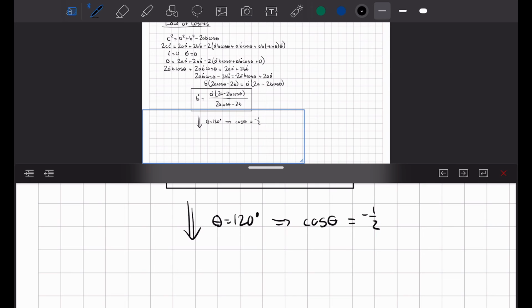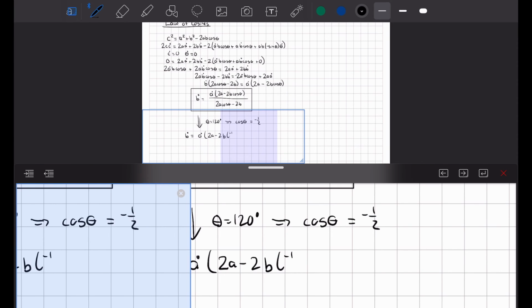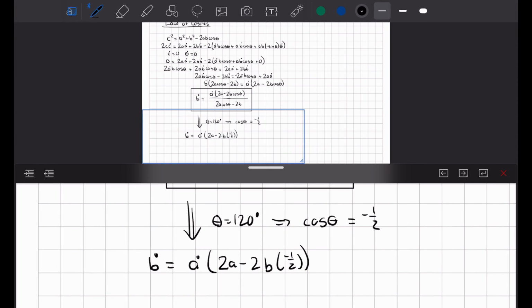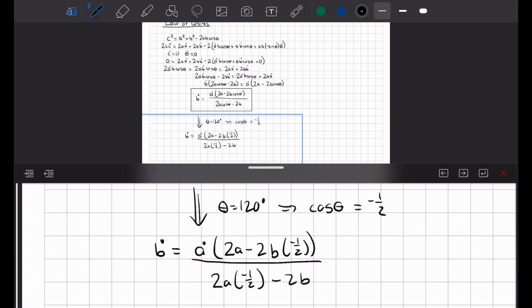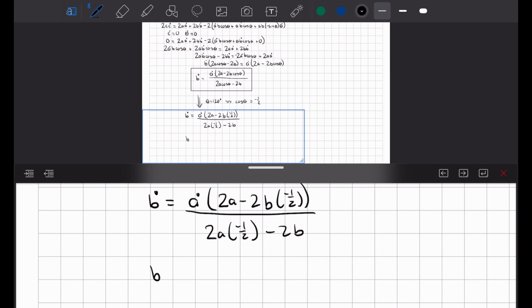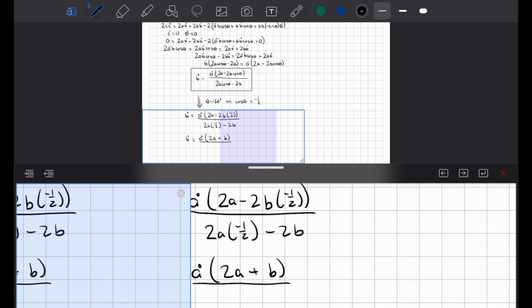So we can write b dot is equal to a dot times 2a minus 2b times negative 1/2, all over 2a times negative 1/2 minus 2b. B dot is equal to a dot times 2a plus b, right, the 2's are going to cancel, all over negative a minus 2b.